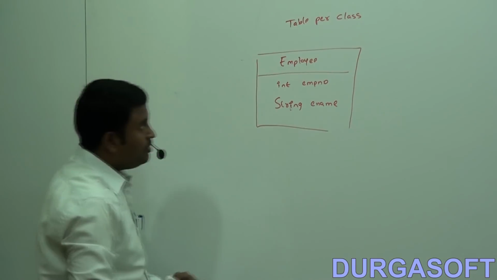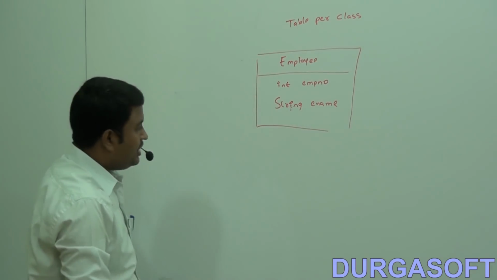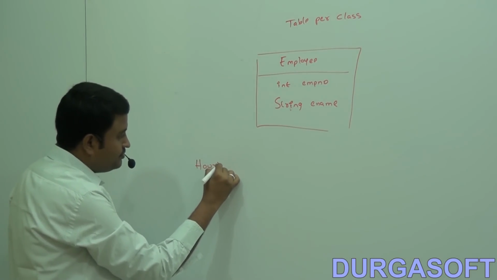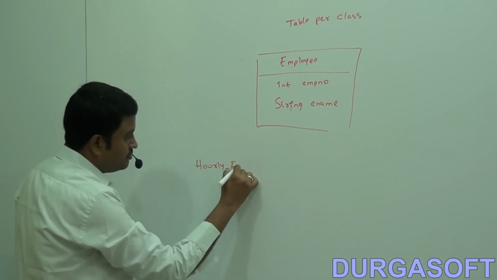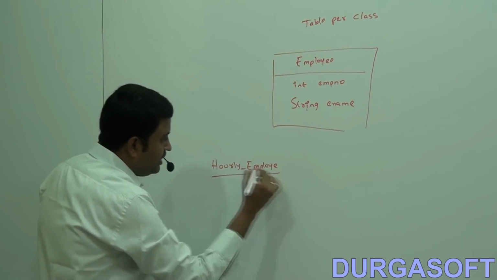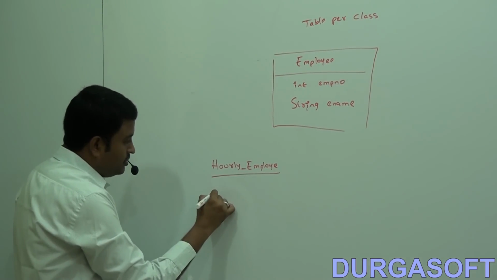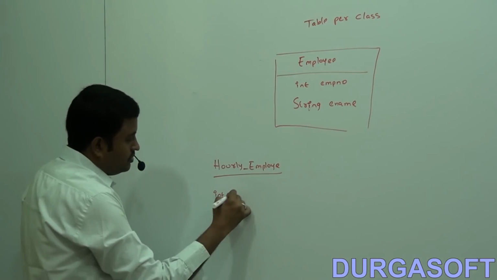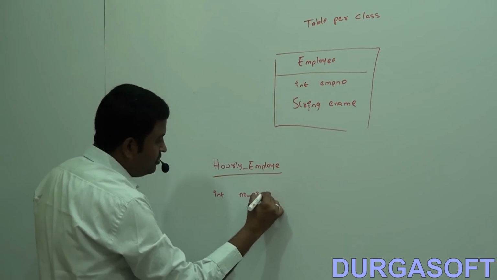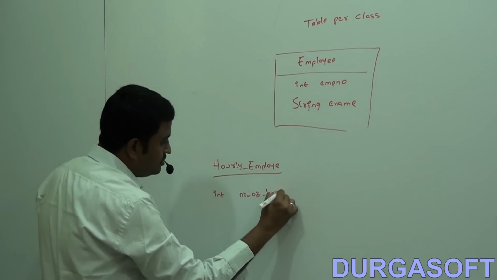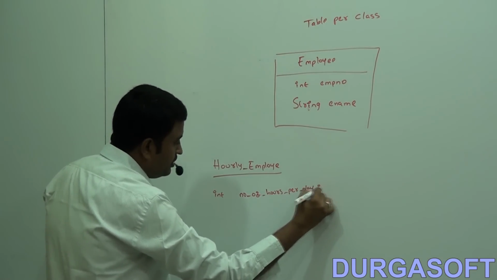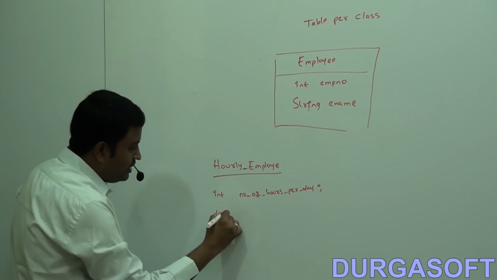For this parent class, there are two child classes. One is hourly employee. Hourly employee has number of hours per day and hourly rate.